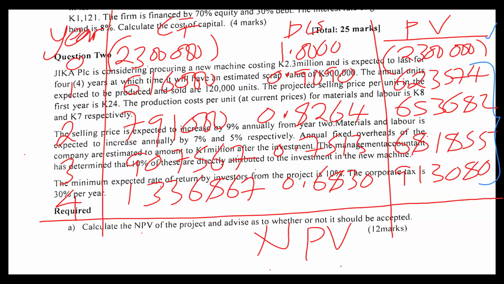Do that quickly. What are you finding? Sir, you are not patient. NPV is 572,083. See a big number, eh?